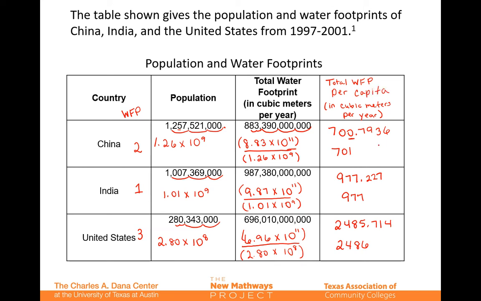It means the same thing. Total water footprint per person is the total water footprint per capita. The units were the same, cubic meters per year.